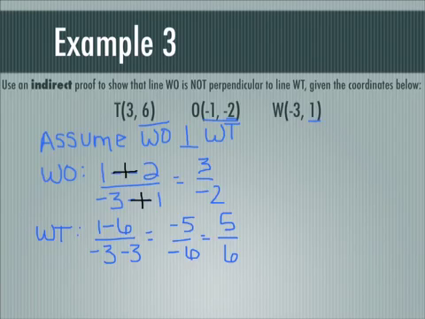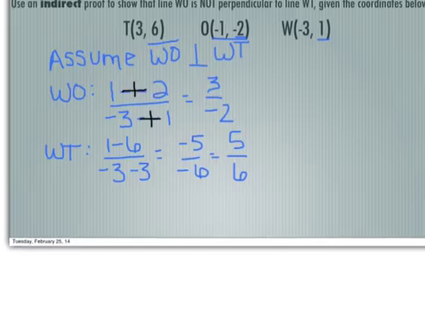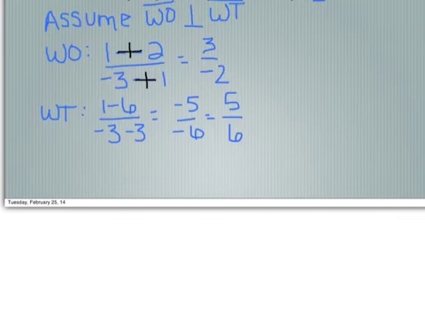But remember, the official definition for perpendicular lines is that they have a product of negative 1. So from here, I would want to show that their product is something other than negative 1.